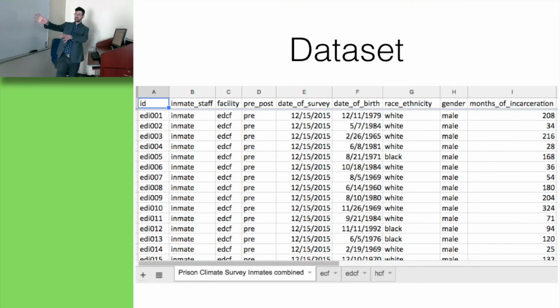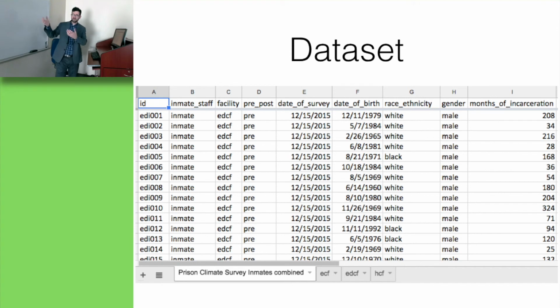So here we have a data set. Each row represents a person. Each column represents some variable, some thing that we've measured about each of these people. Together, this represents a data set, also referred to as a database.